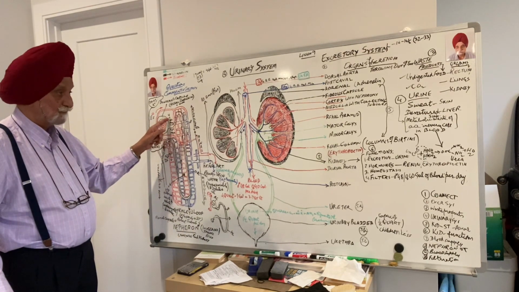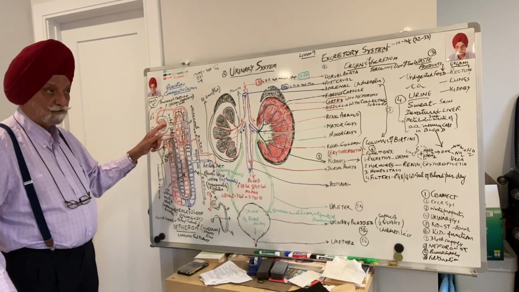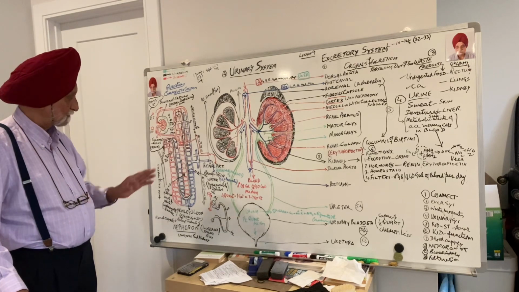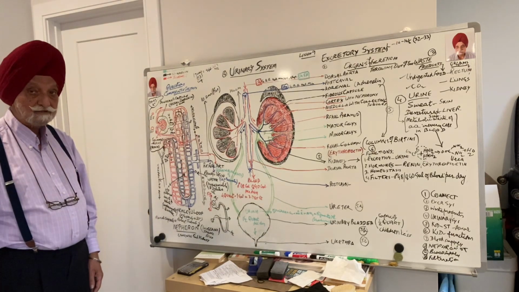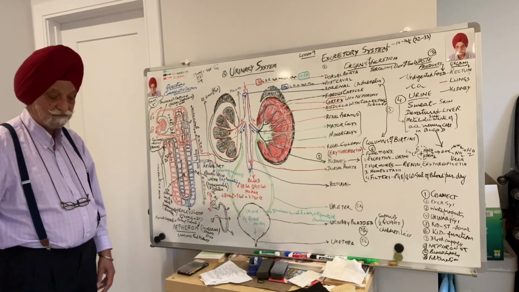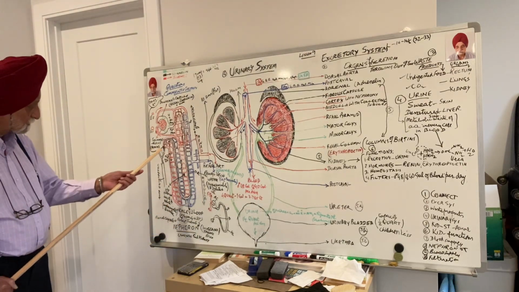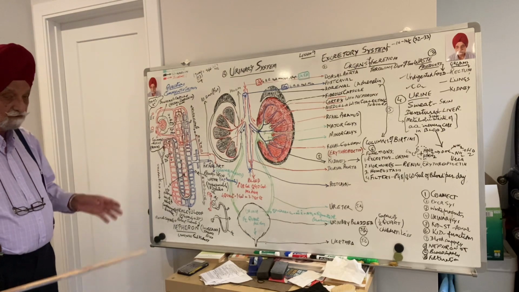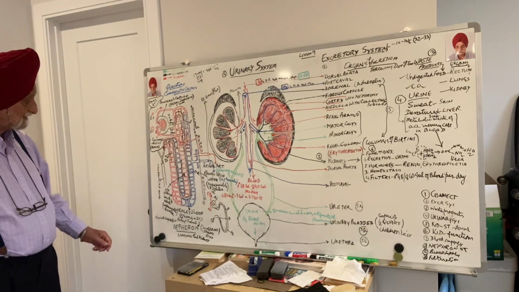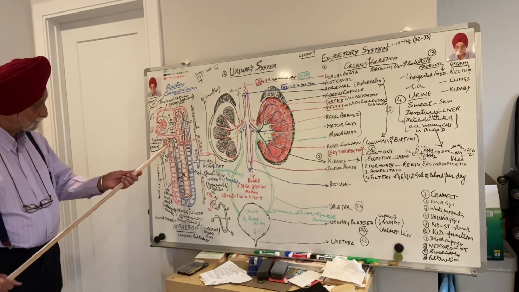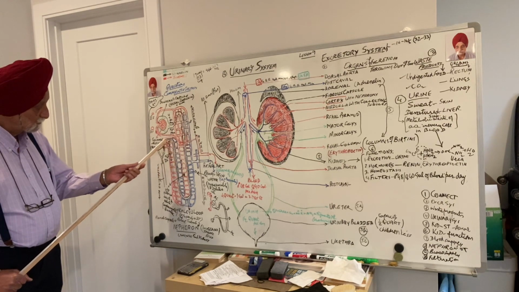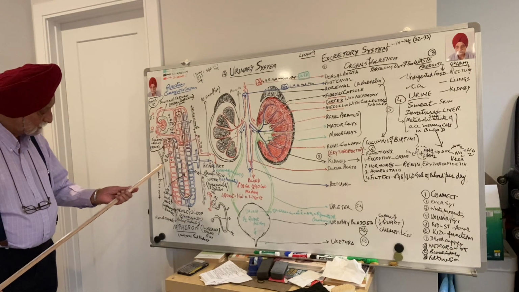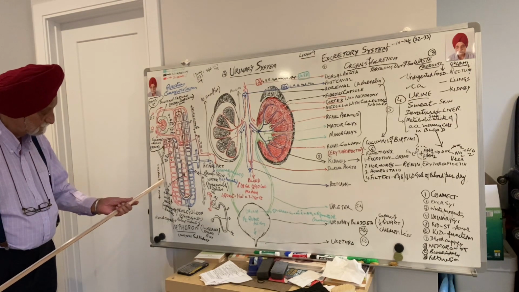Glucose is reabsorbed, amino acids are reabsorbed, sodium potassium is reabsorbed, some of the water is also reabsorbed, and the hormones are also reabsorbed in such a way that what passes out here is only the urine, which passes out of the distal end of the uriniferous tubules into the urine collecting tubules and this collecting duct.